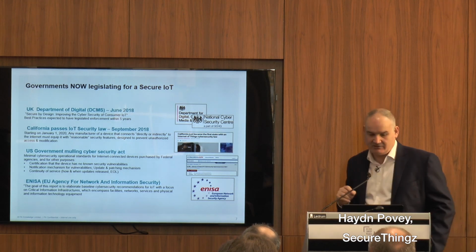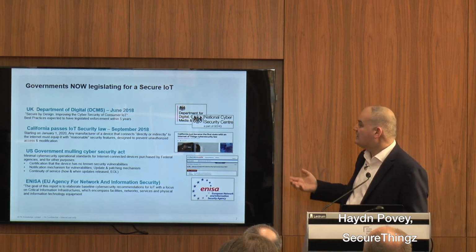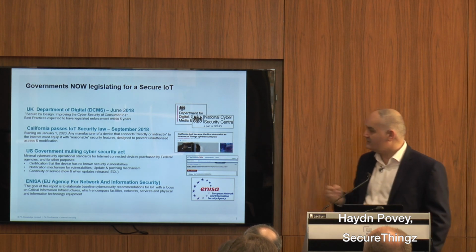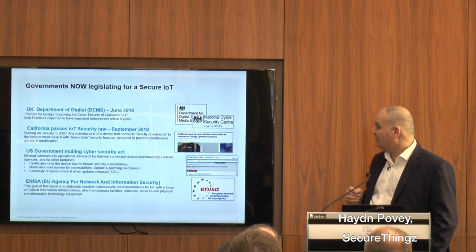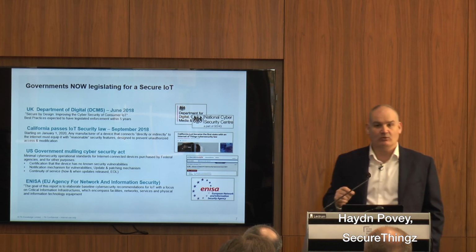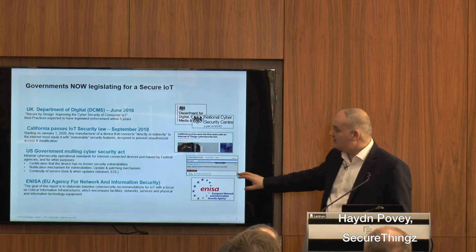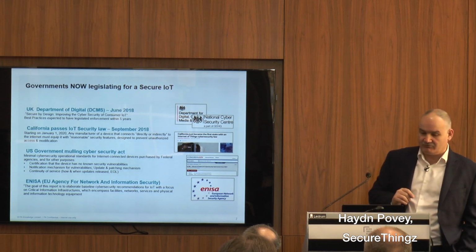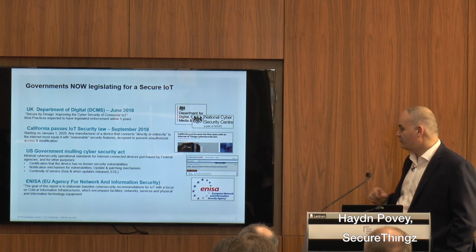Obviously, some other things here. California have passed their IoT security law. This really is a first drop in the ocean. We need to see more. Obviously, the US government is looking to do some more stuff as well. I think there's a rare bipartisan act still winding its way through Congress at some level. And in the EU, ENISA is actually doing a really good job of specifying a number of components here.